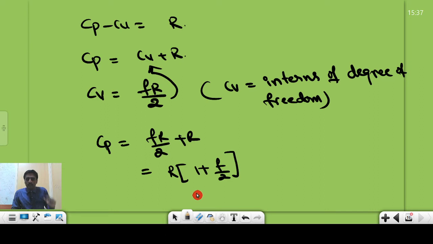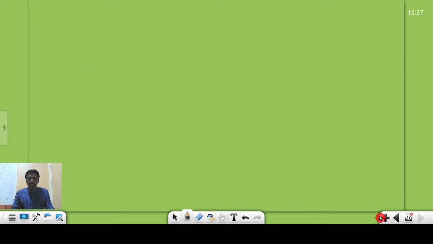Now we already evaluated the Cv values for monoatomic gas, diatomic gas and polyatomic gas. In the same manner, we are going to get the Cp values also for mono, di and polyatomic gas. Before dealing with this, let me recall the formula once again. Cp in terms of degree of freedom is R into 1 plus F divided by 2.